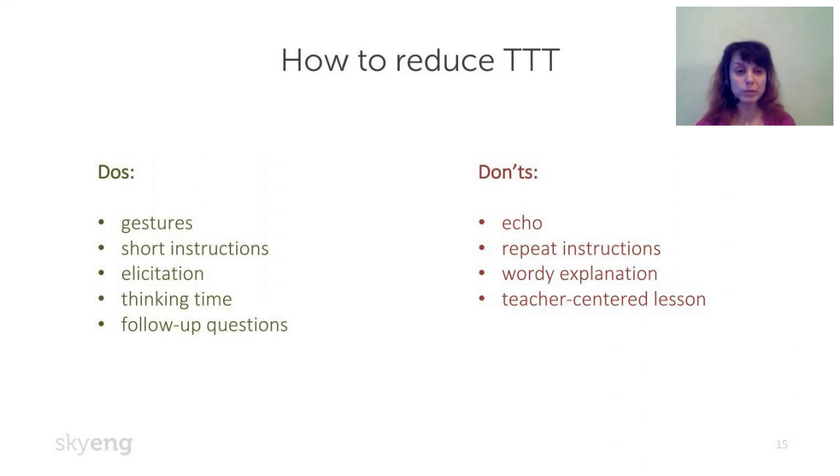And ask follow-up questions. So they told you something about their weekend, like they went to the cinema, and you can ask them about the main actors, or maybe some special effects, or were there a lot of people at the cinema, and something like this, so to make them talk more and more. Do's are easy to do.